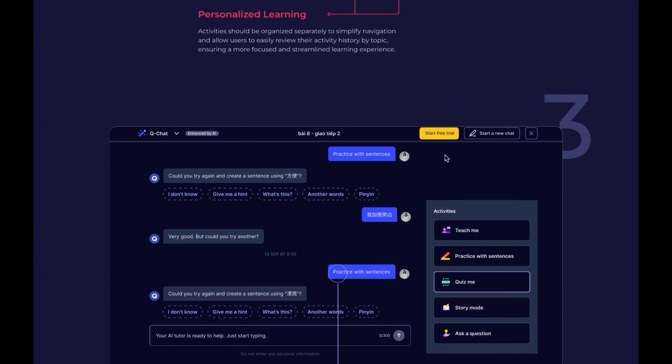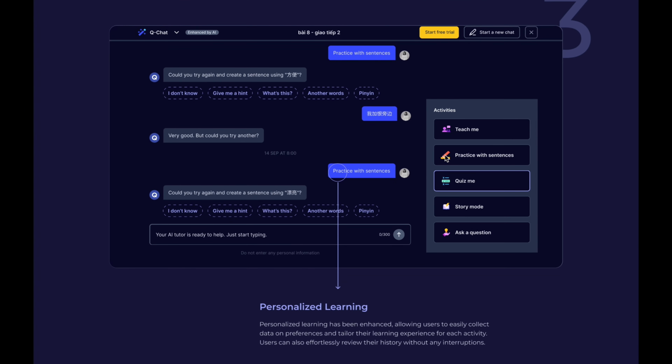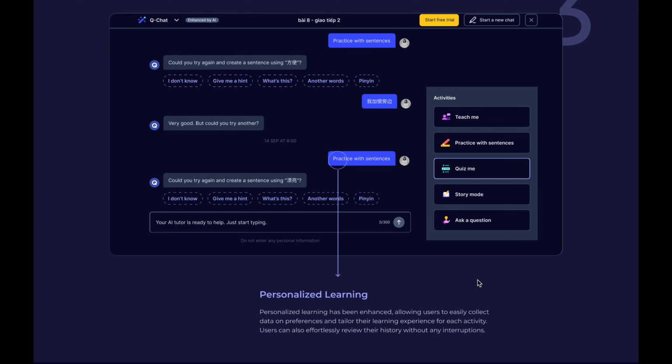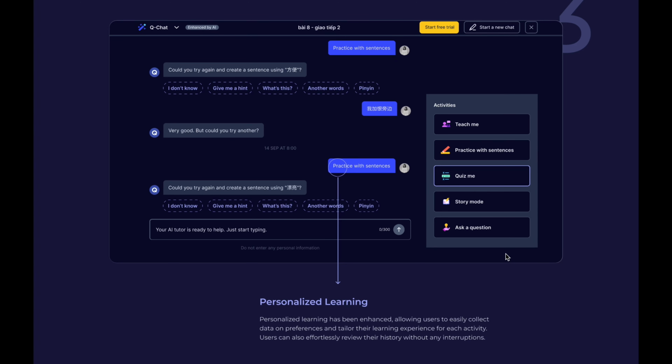With the solution, we introduced the personalized learning feature where the AI adjusts content and suggests questions based on the user learning history and performance. This provides learners with a learning path that suits their needs and goals.